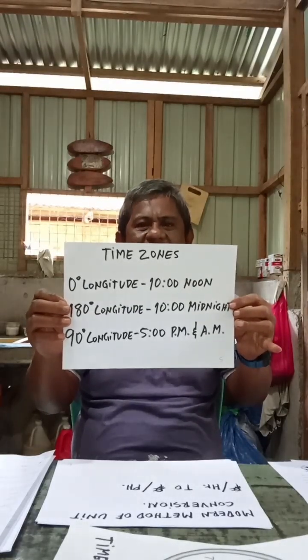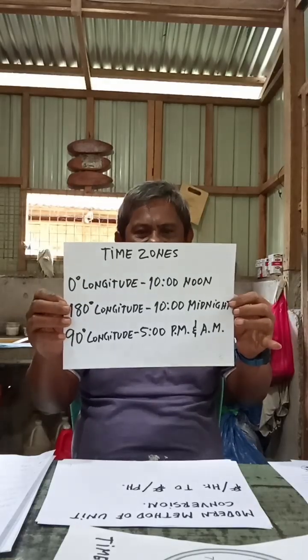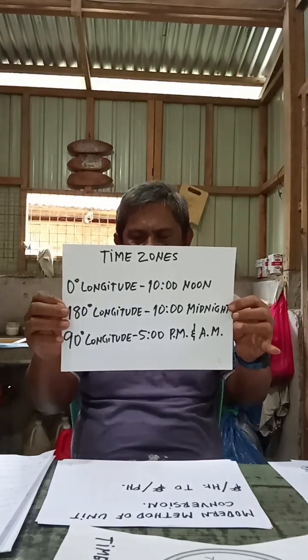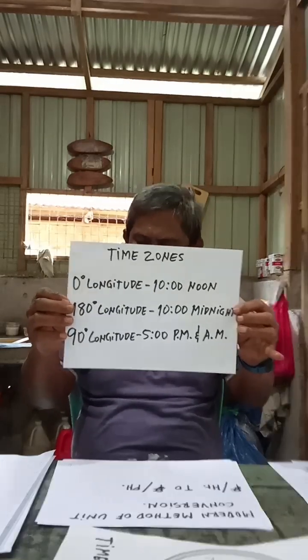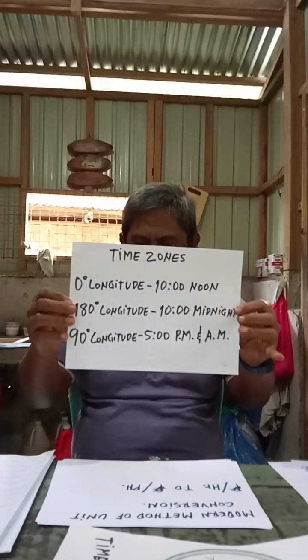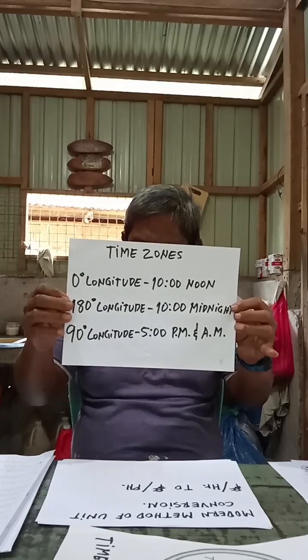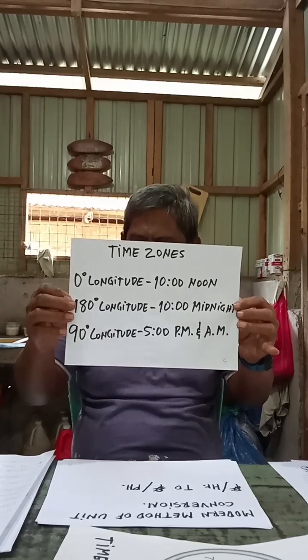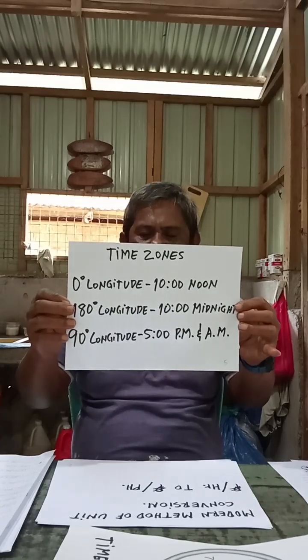Alas 10 sa hating gabi. Alas 10 sa tungang gabi. And 90 degrees longitude west is 5 o'clock p.m. And on the other side of the time zones, 90 degrees longitude east is 5 o'clock a.m.